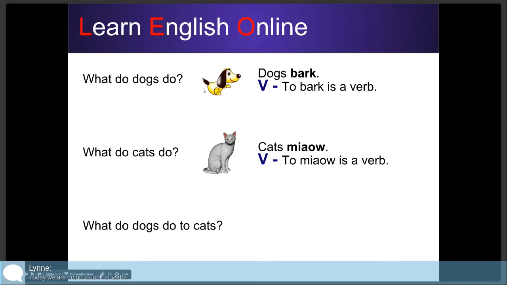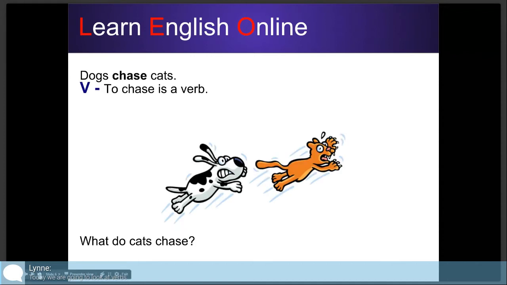But what do dogs do to cats? When a dog sees, to see is a verb. When a dog sees a cat, what does the dog do? Dogs chase cats. So, to chase is a verb.